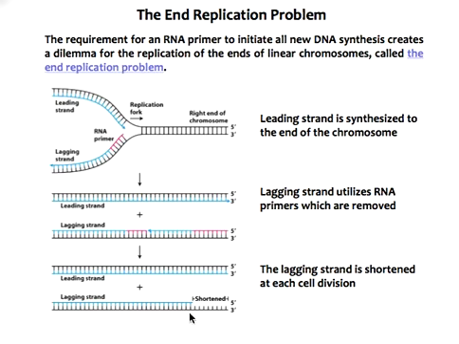That means in each and every cycle, one of the two strands will be shortened. That is what is called the end replication problem.